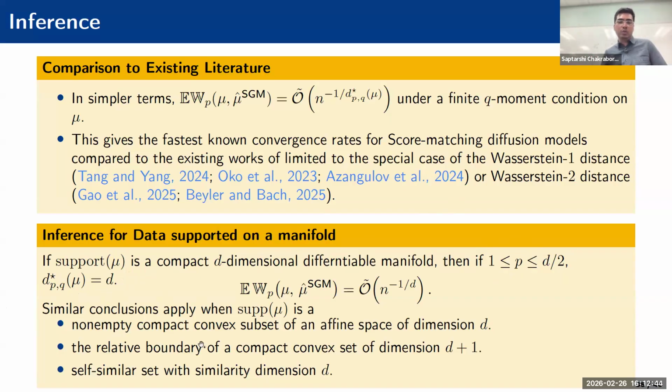Special cases include non-empty convex subsets of affine spaces with d dimensions, the boundary of a set with d plus 1 dimensions, self-similar sets with dimension d, and of course compact d-dimensional differentiable manifolds as well. All of them become special cases if your data is exactly supported on these sets.